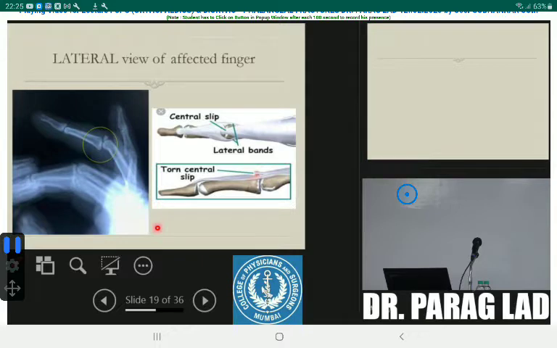Is that clear? Here we have one tendon attached. It is called extensor digitorum communis. Action of this tendon is DIP joint extension. Is that clear? There is a tendon attached here. It is called flexor digitorum profundus. Action of this is flexion of DIPJ.